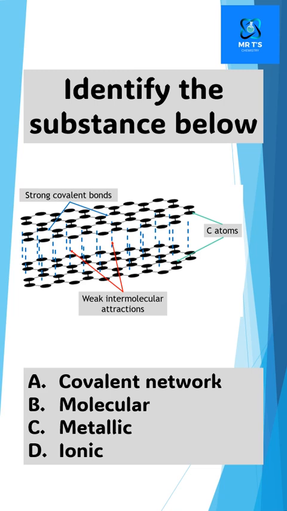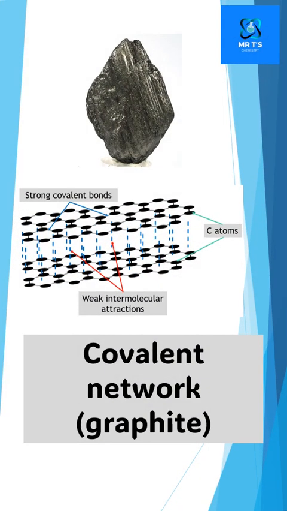So, is this A, a covalent network substance, B, a molecular substance, C, a metallic substance, or D, an ionic substance? In this case, this is a covalent network. Now, this is a specific type of covalent network. It is graphite because graphite is known for having two-dimensional layers instead of a regular three-dimensional lattice.